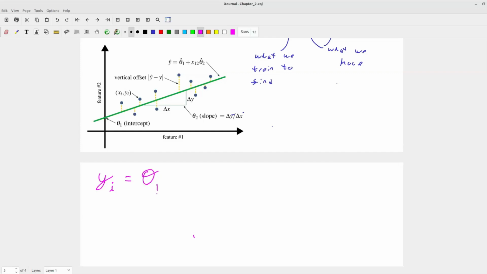That is a parameter that we are training for. Does that make sense? Multiplied by x of i, that is a value for an individual parameter that we're putting in. Let's say that's square footage or something.